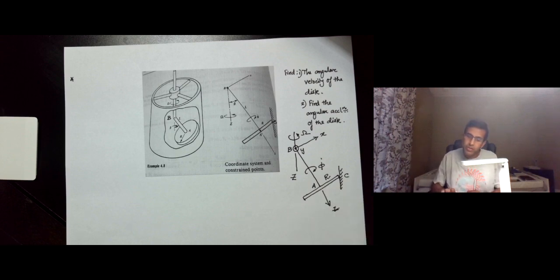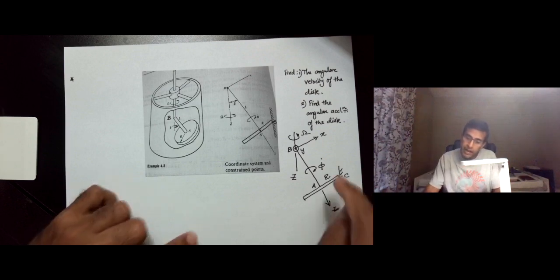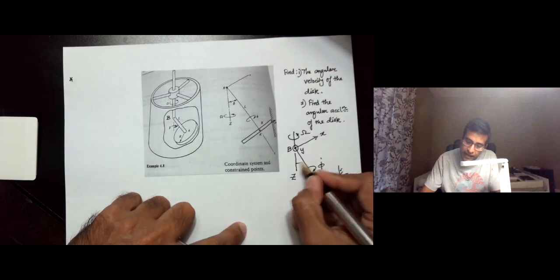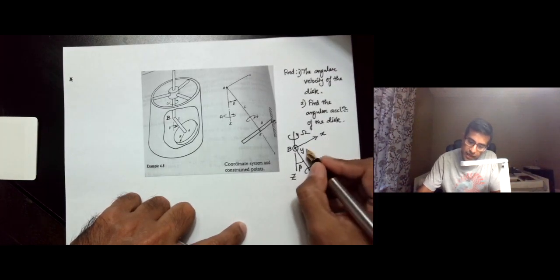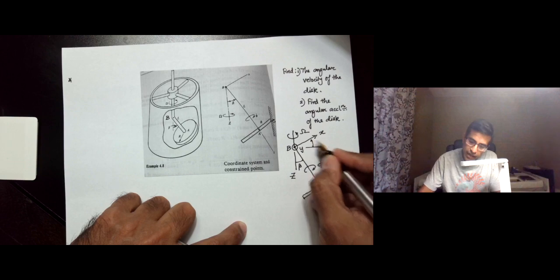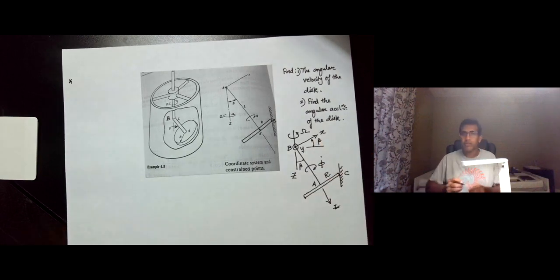Okay, so the x-axis is kind of always radial, but not really radial in the horizontal direction, but radial at an inclined angle, but nevertheless it is radial. And since this angle is beta, you can see that the x-axis makes an angle beta with the horizontal, right?